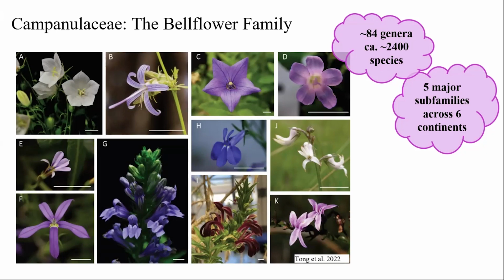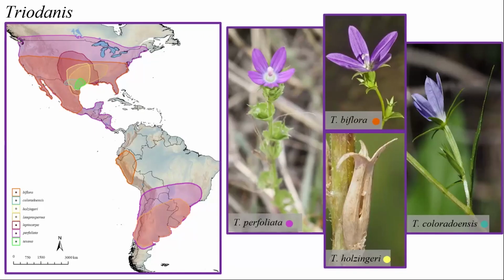And there has been a lot of research because of this into the family. But because of its size, that leaves some of the lower level groups kind of less explored. So that is where I came in. And I focused in on Triodanis, as most people in the Weber lab do. And I use that to answer all my questions here.